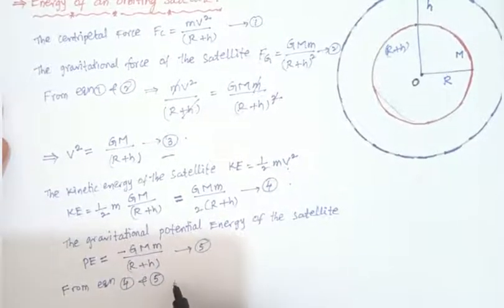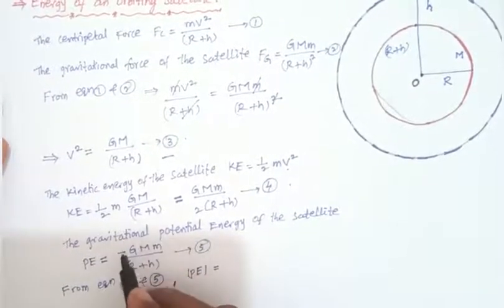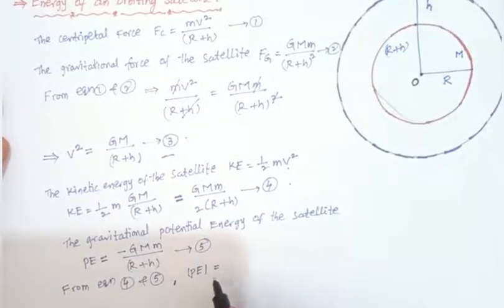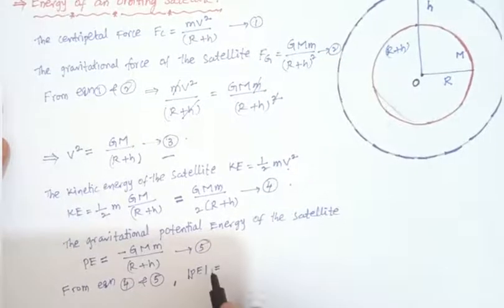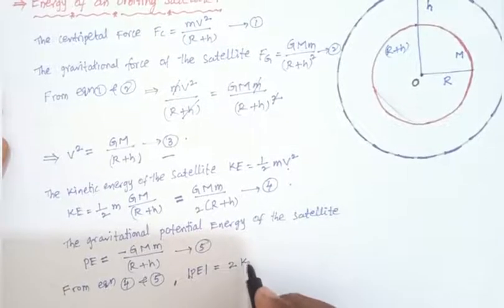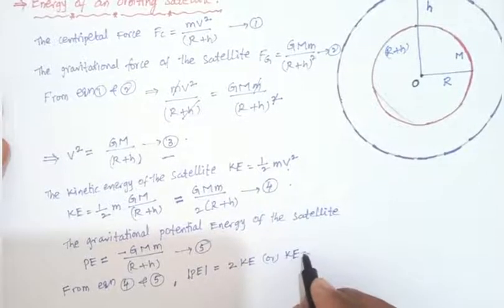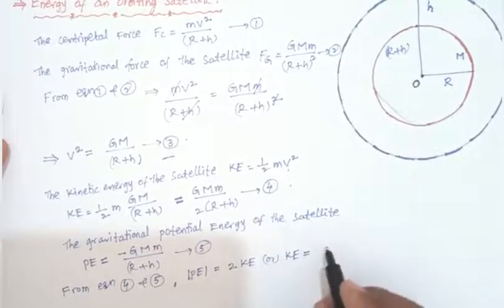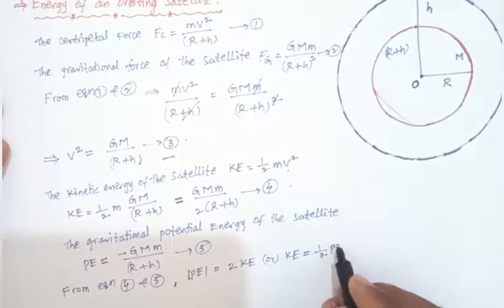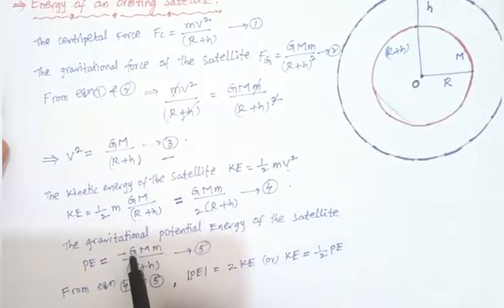In magnitude, there is no direction, so the potential energy equals twice the kinetic energy, or the kinetic energy equals half of the potential energy in magnitude.